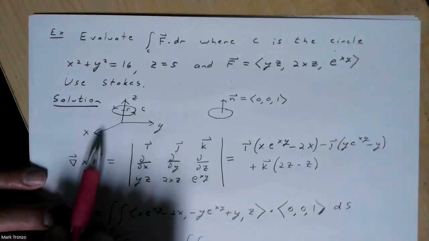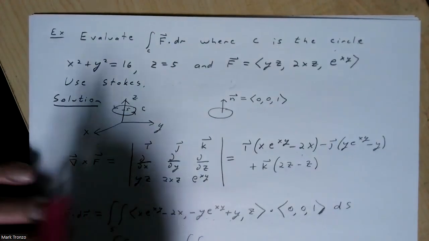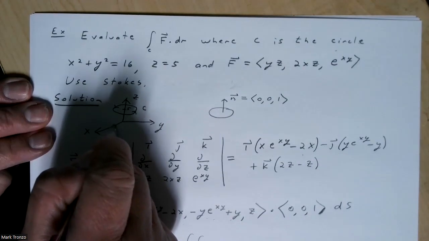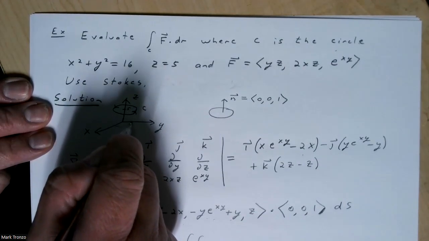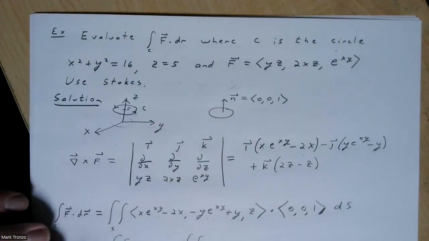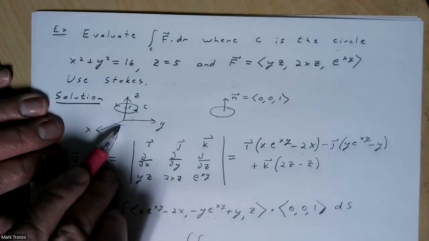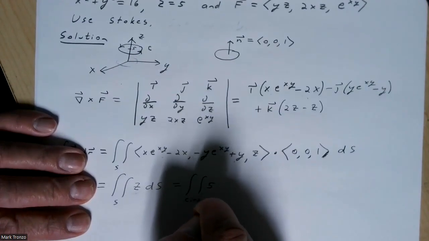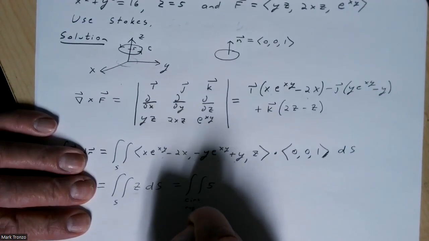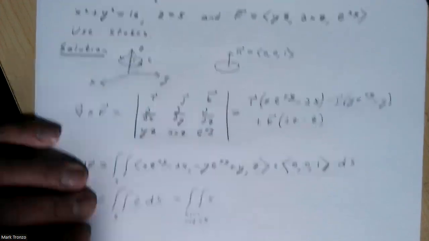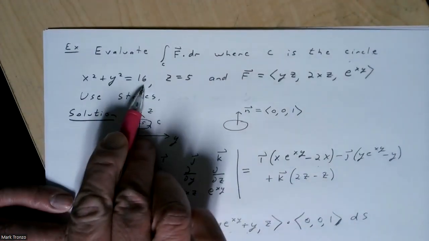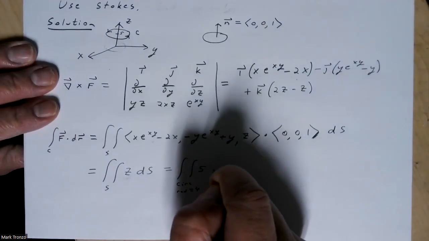And then also think of what our domain of integration is going to be. That's going to be like how this projects onto the xy plane. And so that's going to be a circle, isn't it? That's going to be a circle of radius 4, because this was x squared plus y squared is equal to 4 squared dA.